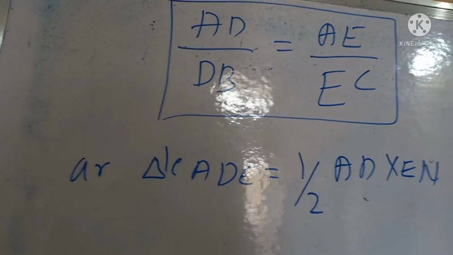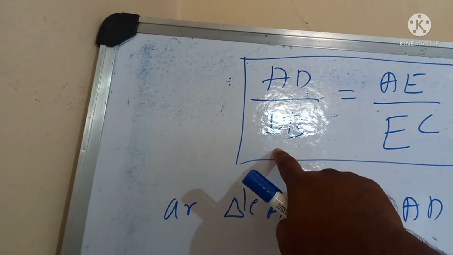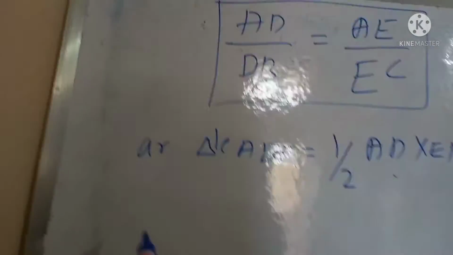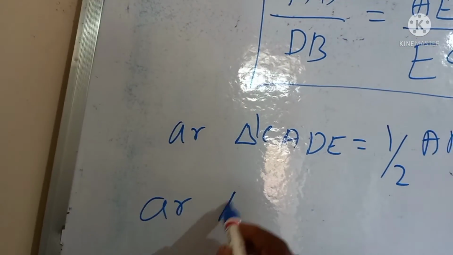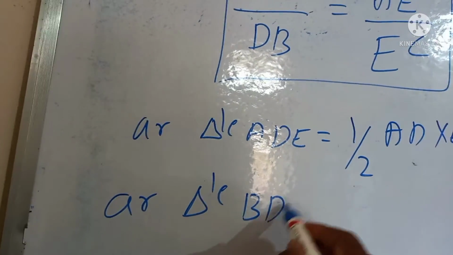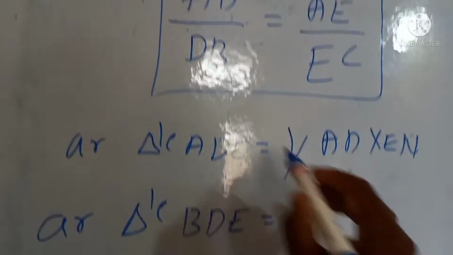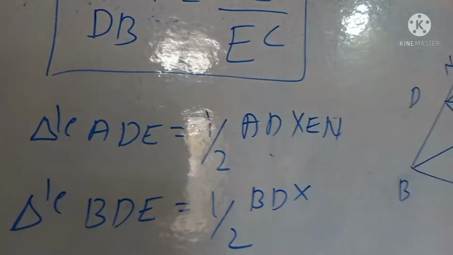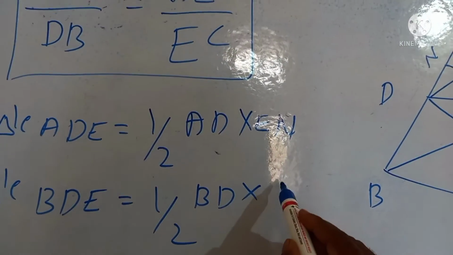Similarly, you can get DB as a base. For that reason I am choosing the triangle BDE. So area of triangle BDE is equal to half, here BD into again EN.